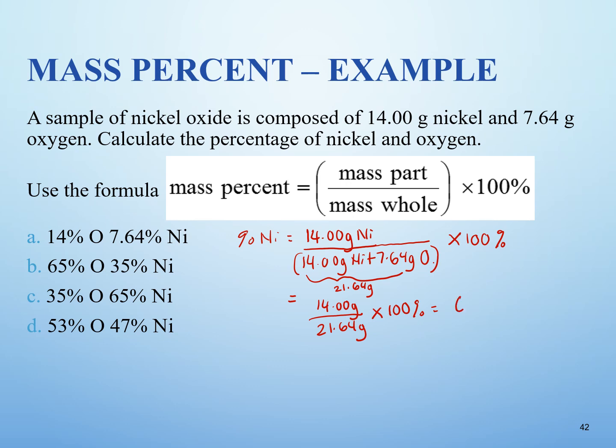you will get 64.695%. That's a lot of numbers, but you see how there are four numbers here and four numbers here. So I would want to keep 4 sig figs here ideally. So I would actually say 64.70%.